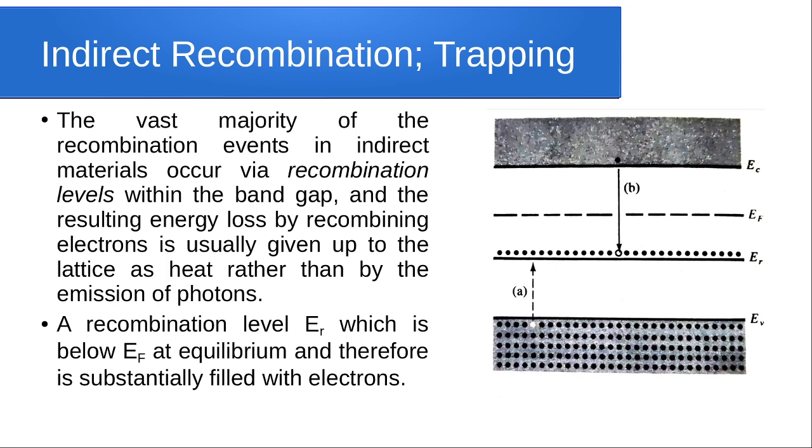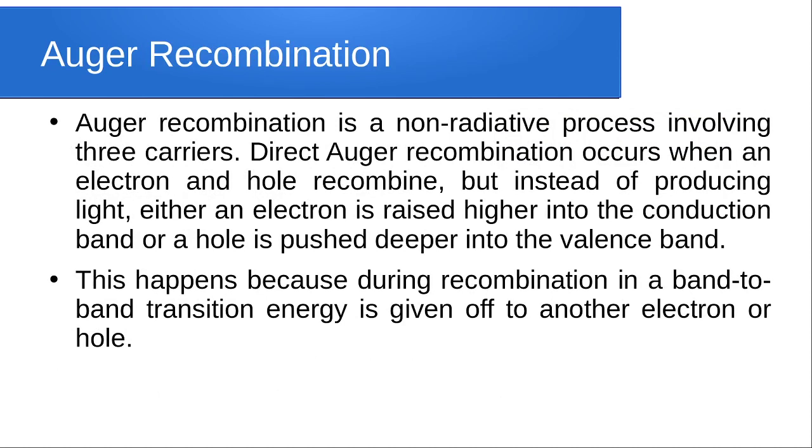A recombination level ER, which is below EF at equilibrium, is being used in the case of indirect recombination. Another type of recombination is known as the Auger recombination.